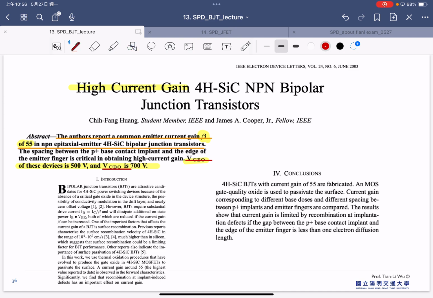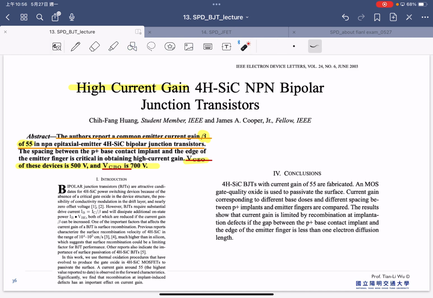That's why in the textbook we also talk about the VCEO and the VCBO. So as you see now in the case of this paper, at least from the abstract you can completely understand what the abstract wants to tell without any further issues.